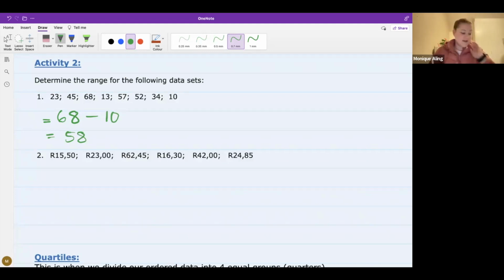Nice. Then for question 2, the highest number is 62 Rand 45 cents, minus the smaller number, which is 15 Rand 50. And what do we get as our range for this question?